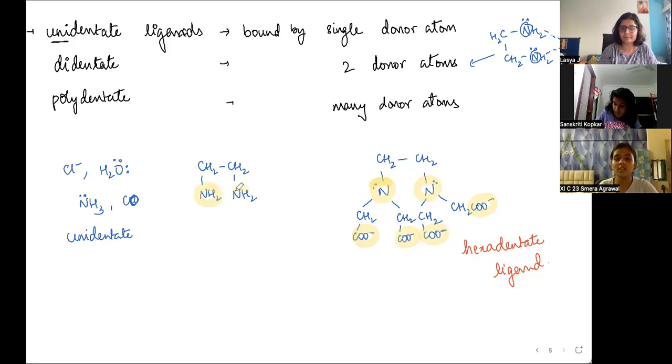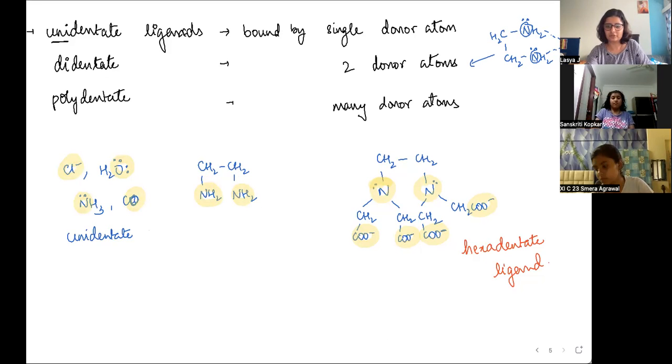Ma'am, what is the name of the hexadentate ligand? So it is shortened to EDTA. Uska full form. Oh, we have done this in school.